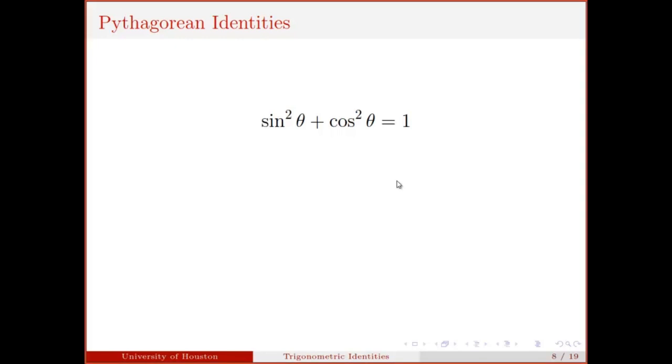For example, from the first identity, we can express sine squared of theta in terms of cosine squared theta, and vice versa. First, solving for sine squared of theta, we get sine squared theta equals 1 minus cosine squared theta. Next, solving for cosine squared theta, we get cosine squared theta equals 1 minus sine squared theta.